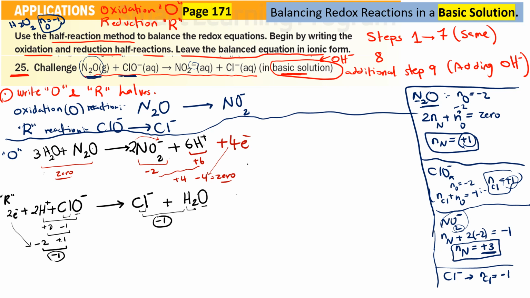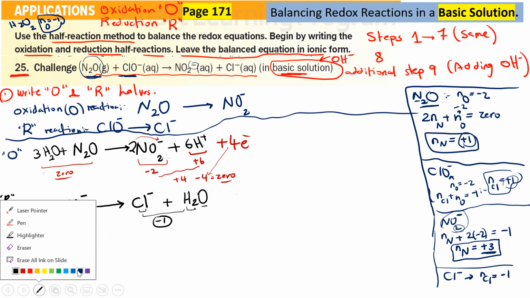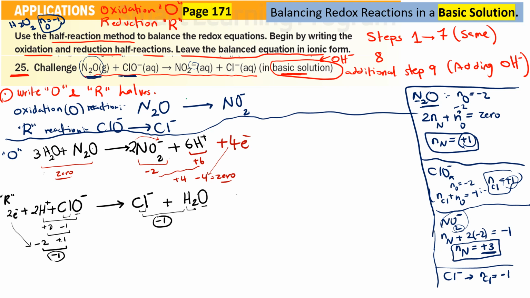What is the next step? Now I need to make the number of electrons in both equations the same. So this number of electrons has to equal this number of electrons. Now, is there a common factor between 4 and 2? Yes, it's 2.